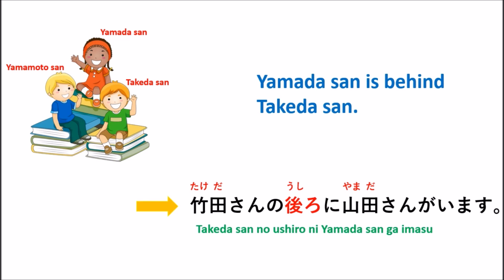Or at the same time, to say Yamada-san is behind Yamamoto-san, you just change the name Takeda-san to Yamamoto-san. So you can say Yamamoto-san no ushiro ni Yamada-san ga imasu. So it's very easy to create a sentence like this.